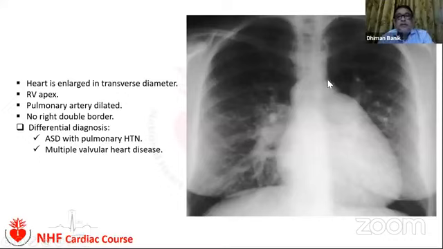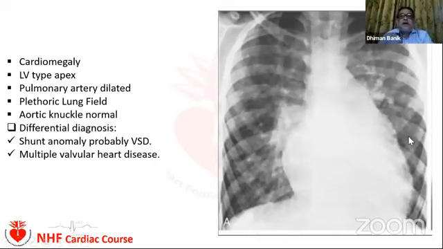In this X-ray finding, the differential should be stated. It might be ASD with pulmonary hypertension or multiple valvular heart disease, where there may be aortic valve involvement and mitral valve involvement, giving rise to a mild to moderate MS or MR, and straightening of the left heart border.